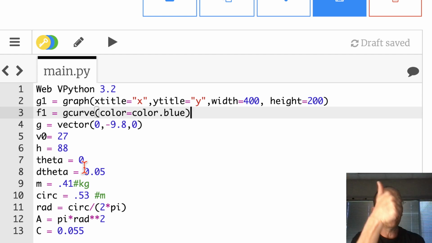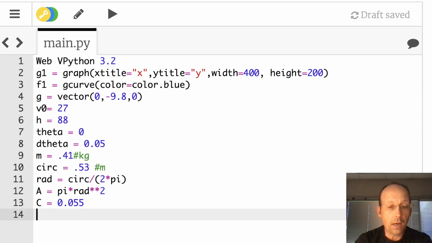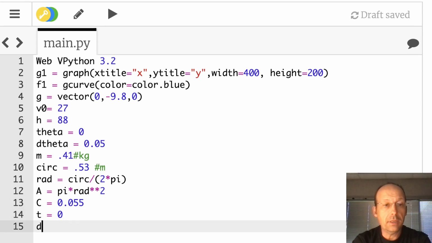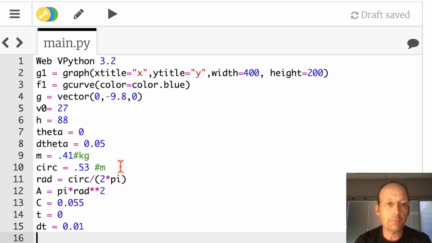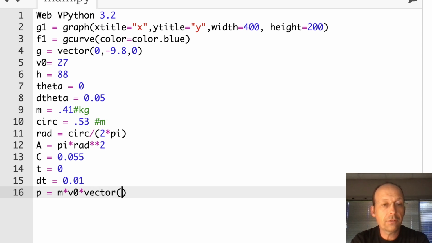I need to start off with the initial position and initial momentum of my ball. So let's do that. T equals 0, dt equals 0.01. You can make that smaller if you want. Now the initial momentum, I'm just going to call P. P equals m times V0 times vector cosine theta, sine theta, 0.